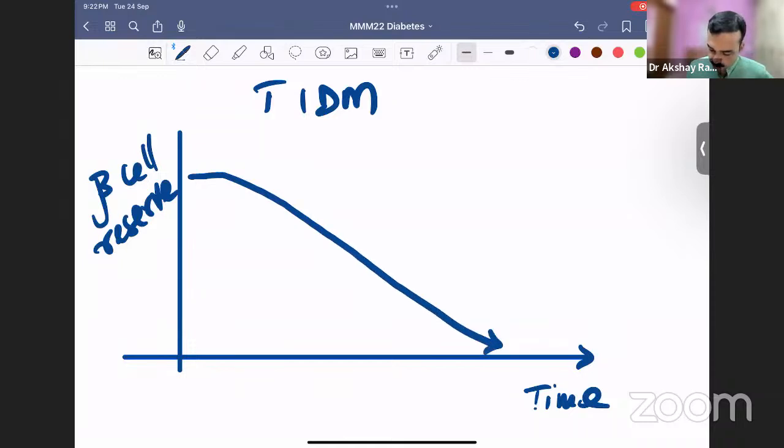This is the way beta cells decline because of an autoimmune process, mainly cell mediated. Some autoantibodies are also produced. But the point at which the diagnosis of diabetes is made is probably here.